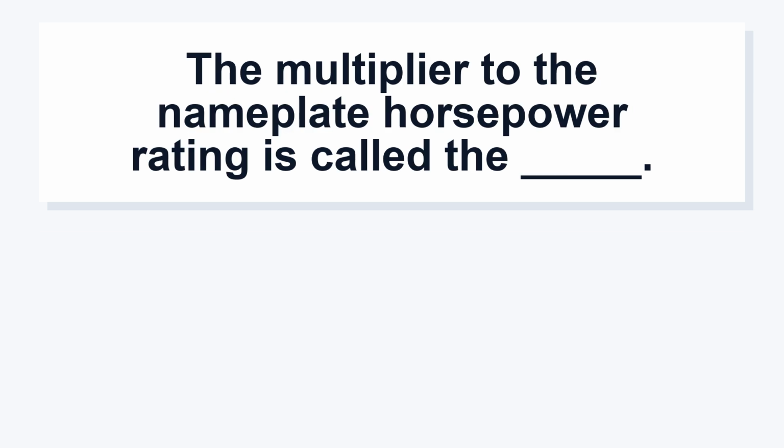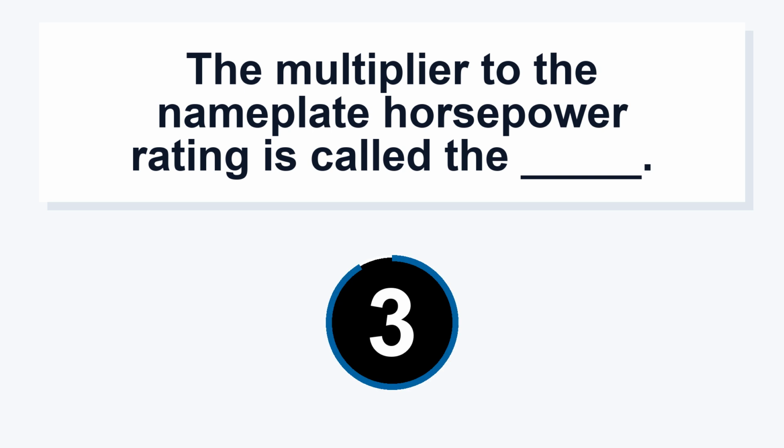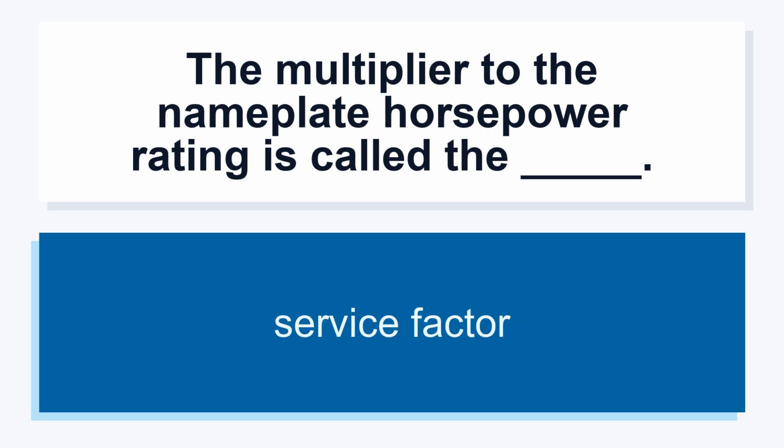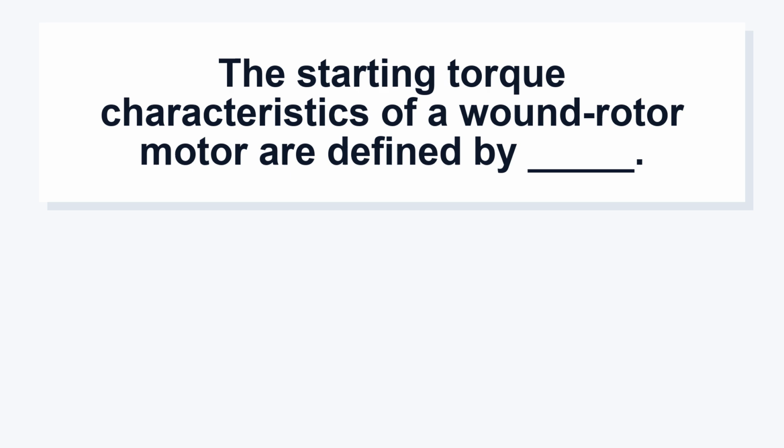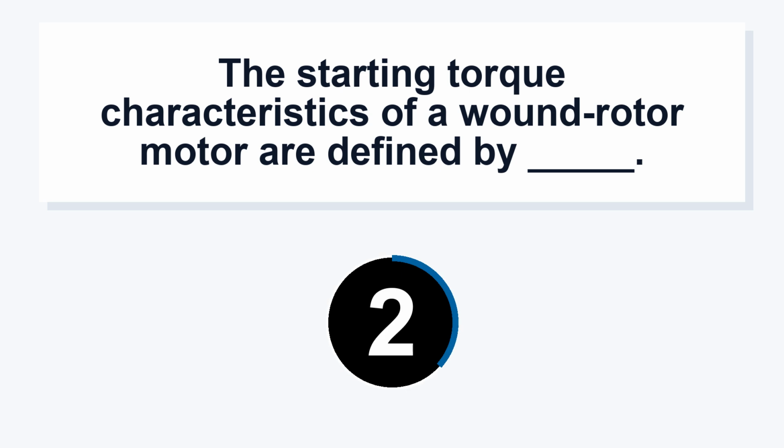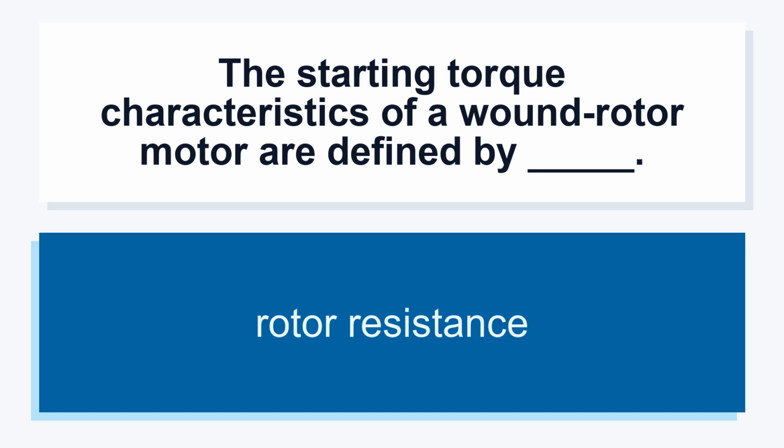The multiplier to the nameplate horsepower rating is called the service factor. The starting torque characteristics of a wound rotor motor are defined by rotor resistance.